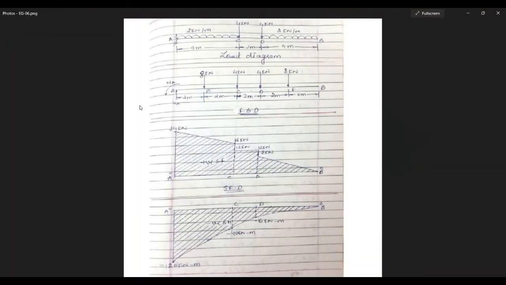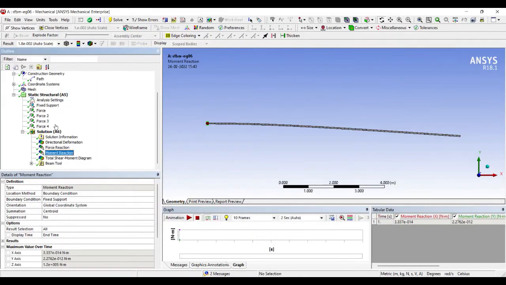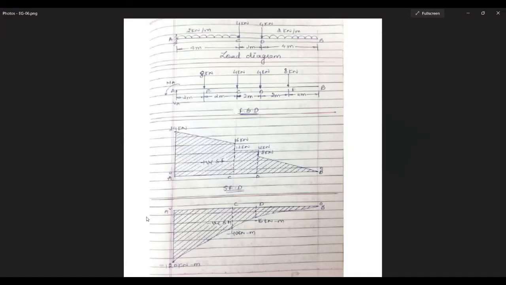Let's check. Here you can see the reaction is 24 kilonewton at end A. Next, I want to see the moment reaction at end A. I will see the moment about z axis because that's how you can see the direction of moment. It is 1.2 into 10 raised to 5 Newton meter, which makes it 120 kilonewton meter. Now let's see what I obtained here. It is 120.